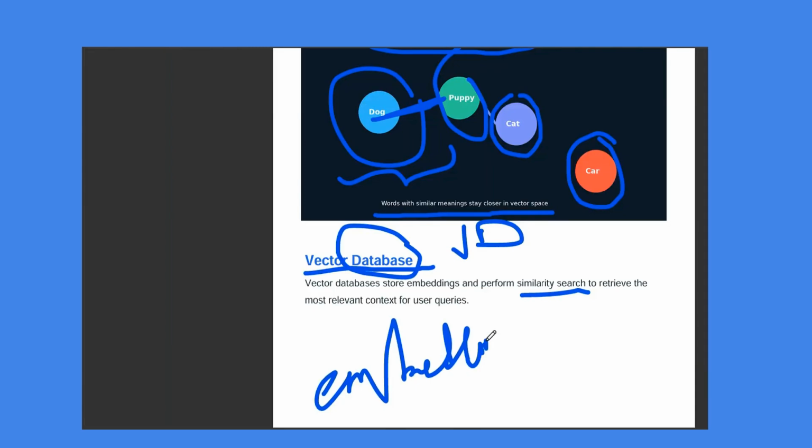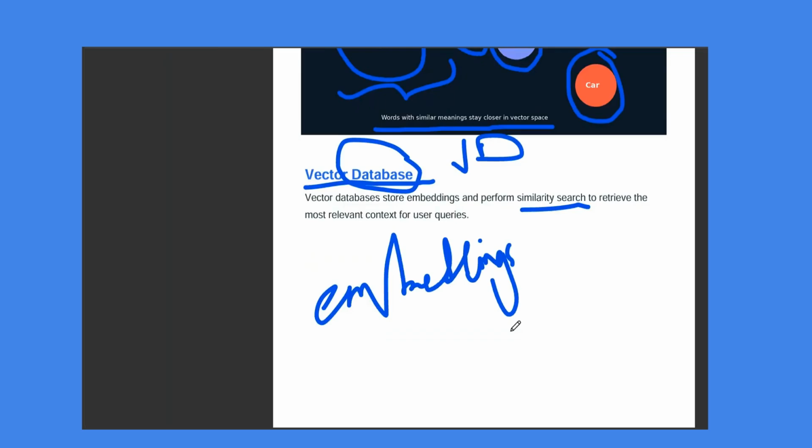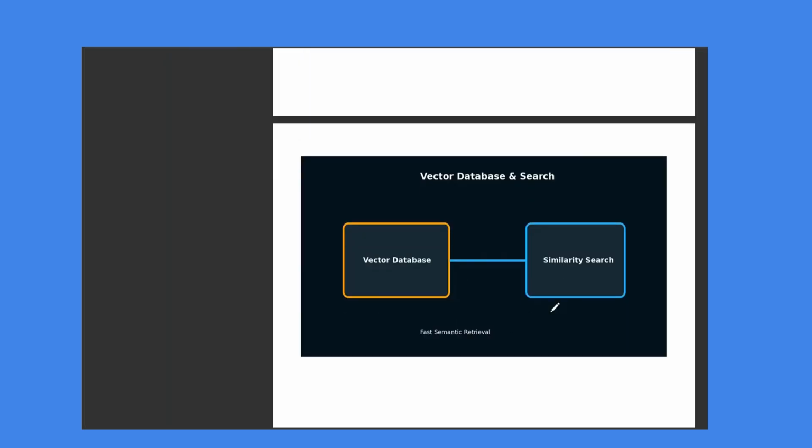Then the vector database compares similarity between vectors.